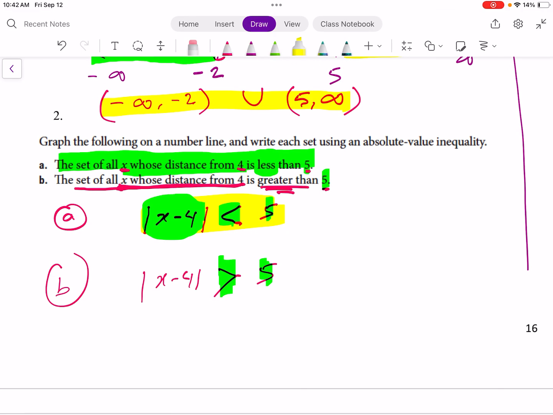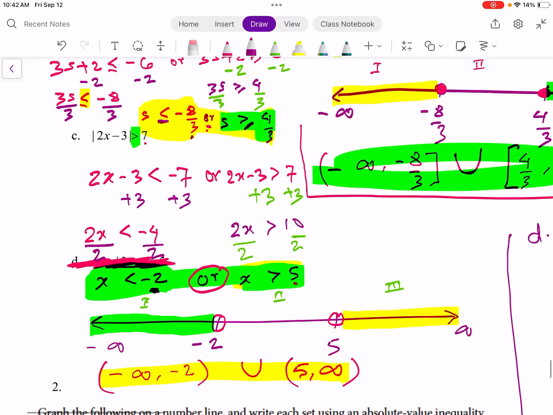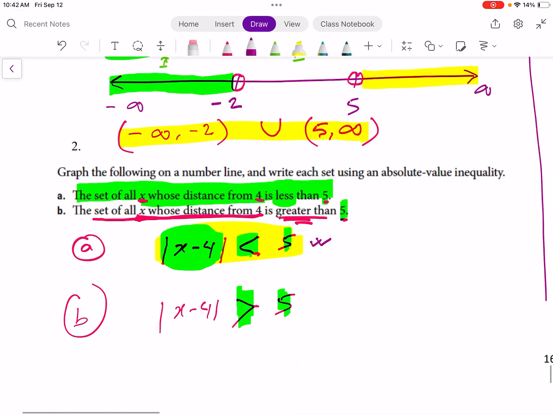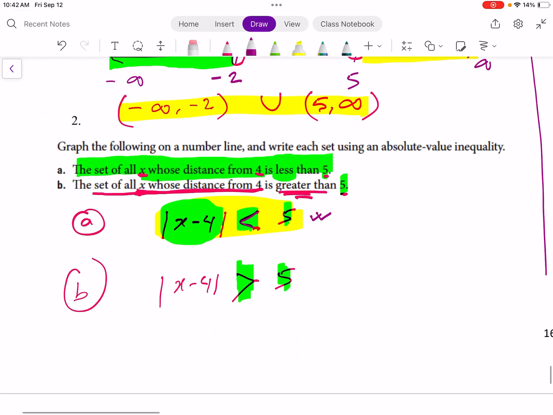Now using the definition, I want you to try solving this inequality. Here we have a less than, which means we use the first definition, and here we have the greater than, so we use the second definition. Once you have the solution, you graph it, and it's very similar to number A.